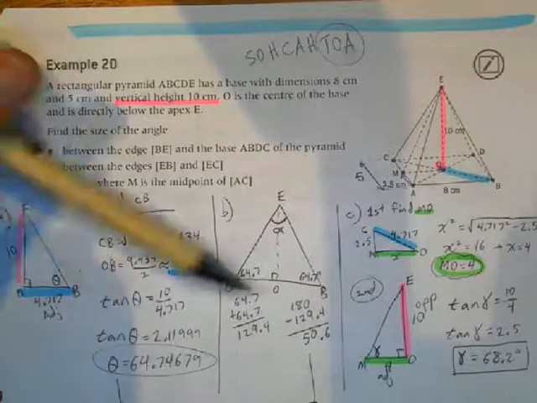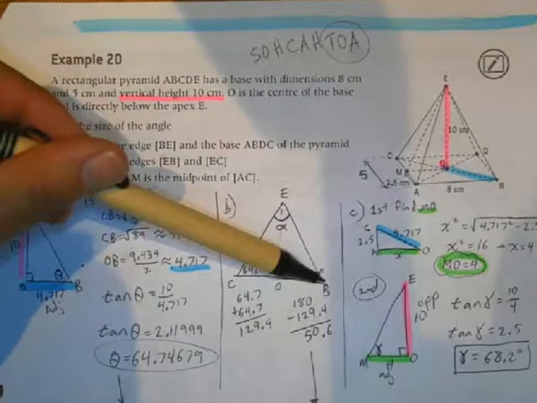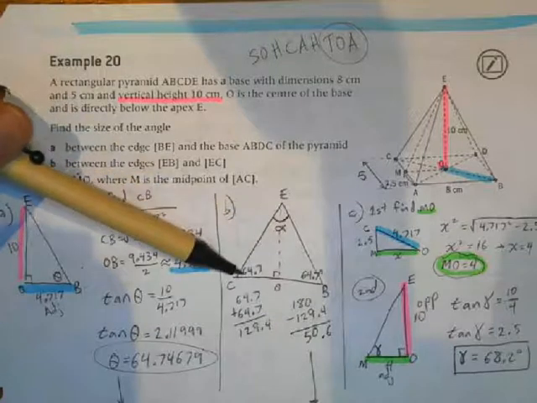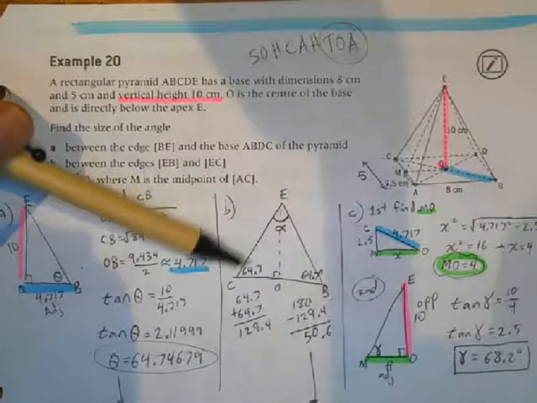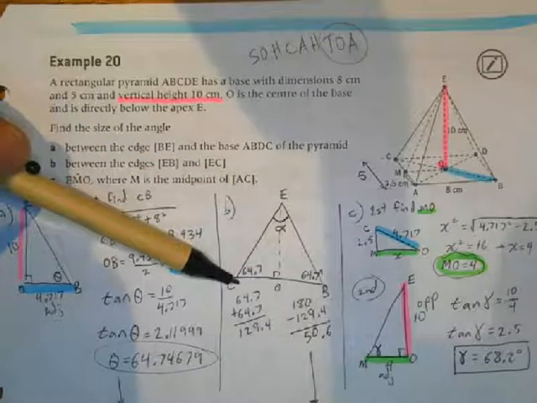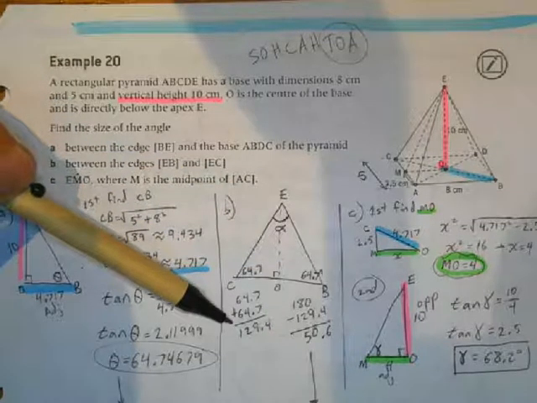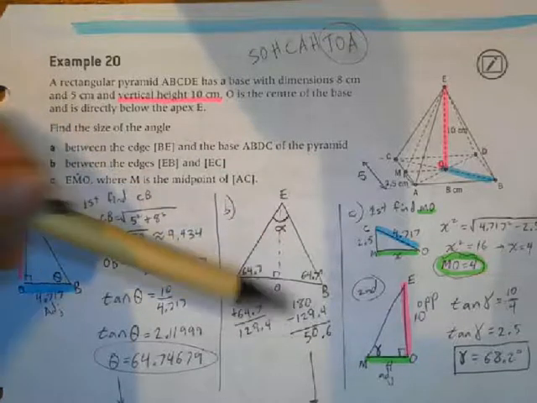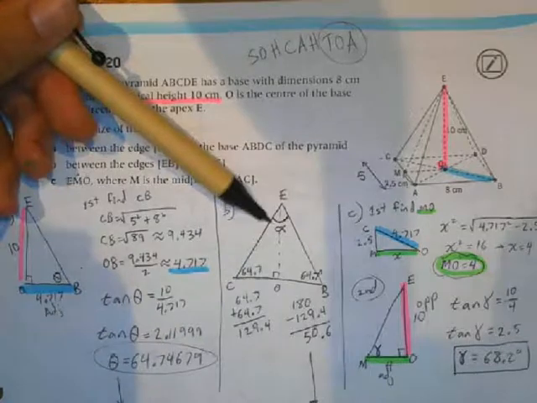And if I'm doing a cross section of the pyramid, these two parts are equal. So I know that's 64.7 also, and I need to figure out this angle. So given the triangle, all angles add up to 180. 64.7 plus 64.7 gives me this. Subtract that from 180, and I figure out this angle here at the top is 50.6.